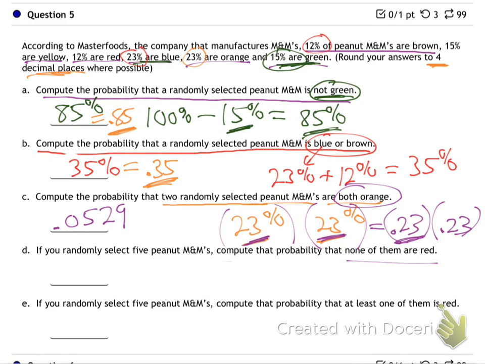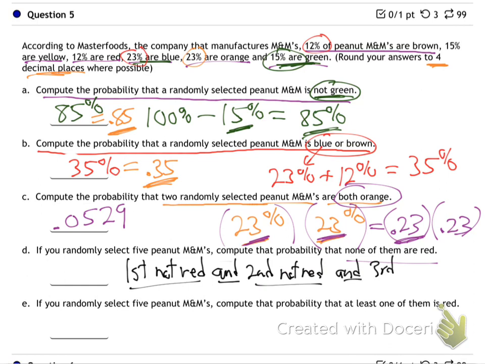So in other words, what I want to do, and I should cut to the chase and then it'll make more sense. The first has to be not red, right? And the second, not red. And the third, not red.